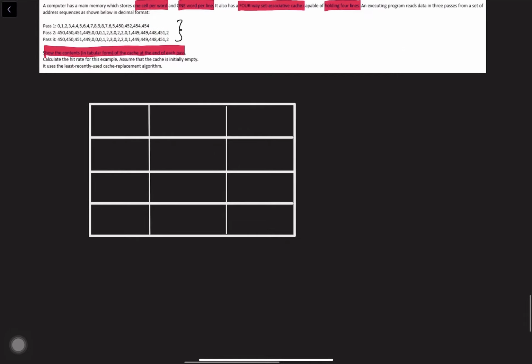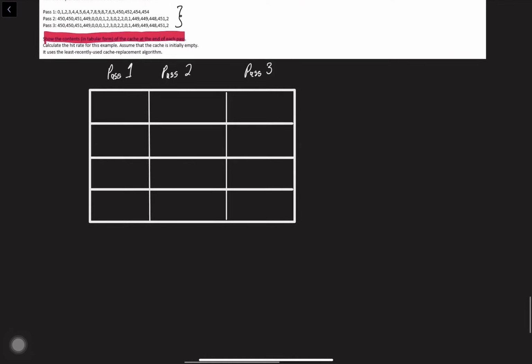Okay, so for the first part, show the contents. We need to have pass 1, pass 2, and pass 3. And to calculate the hit rate, we're going to have the hit rate for pass 1, hit rate for pass 2, hit rate for pass 3.